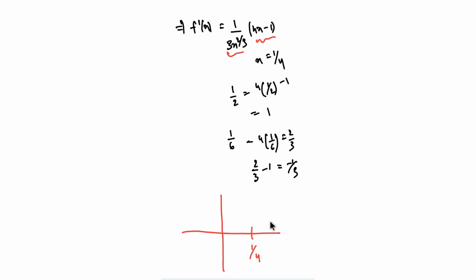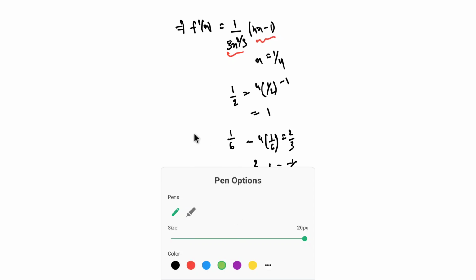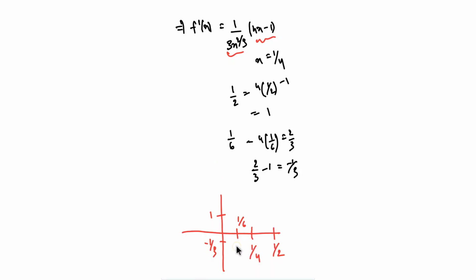And x is equal to 1 by 2 is somewhere here, and there it's getting a value of 1, so I'll plot that 1 here. And x is equal to 1 by 6 is somewhere here, and I'm getting a value of minus 1 by 3. So I can plot the graph in this way, isn't it? So 1 by 6, minus 1 by 3, and minus 4 to 0, and from here to here I'm getting it in this way, isn't it?